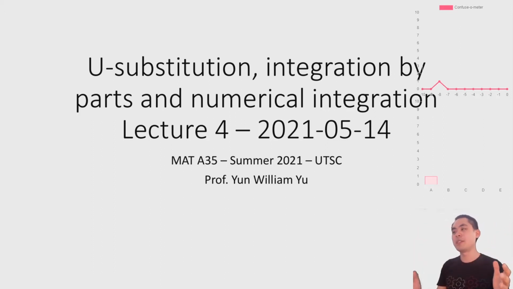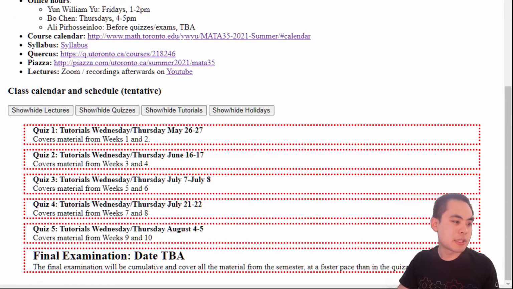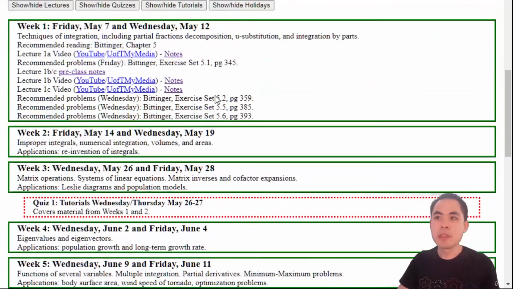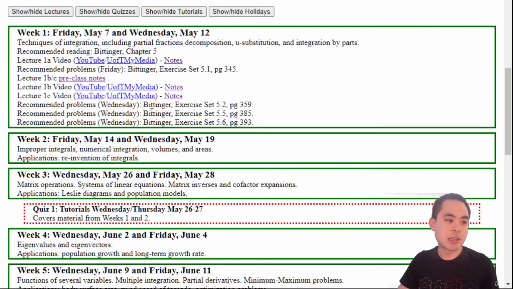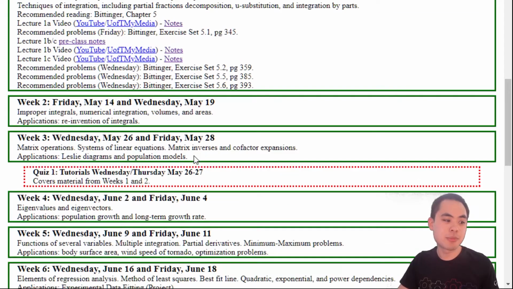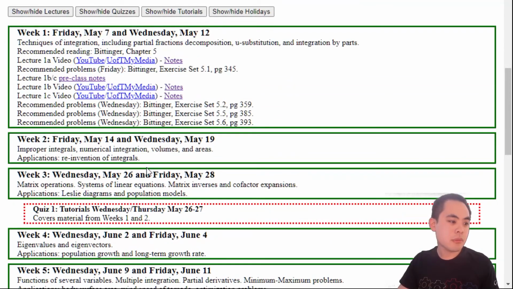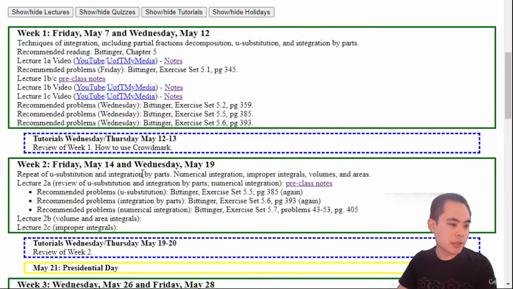These are all heuristics. Unfortunately, the only way you're going to get good at these things is by lots and lots of practice. If you look on the course website, I have mentioned a couple places in your textbook where there are just a lot of practice problems, for u-substitution, for integration by parts, and the other topic we'll be learning today, numerical integration.